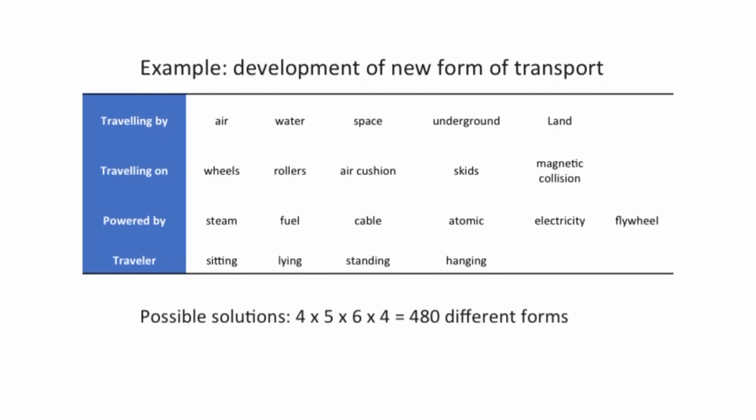So take those 4 aspects: traveling by air, water, space, underground, land, and you can go on adding. Agree? Vacuum also.